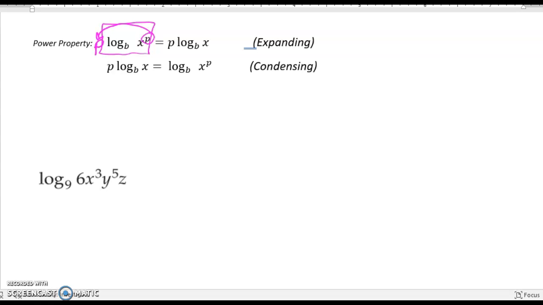So you're allowed to move your power in front of the word log. That's expanding because you're making it longer, you're elongating it. And vice versa, if you want to condense, if you were given p log base b of x, then you have to put the p back up over top of the x, and that's condensing.